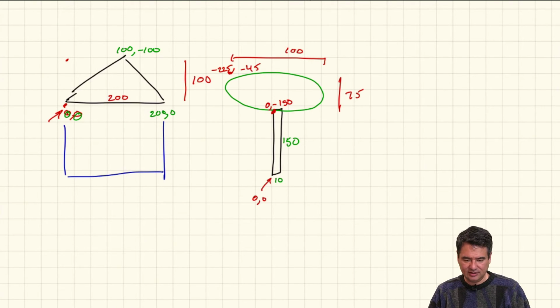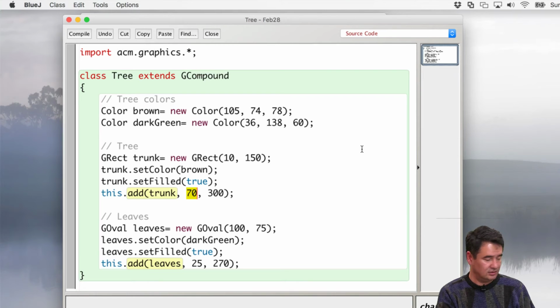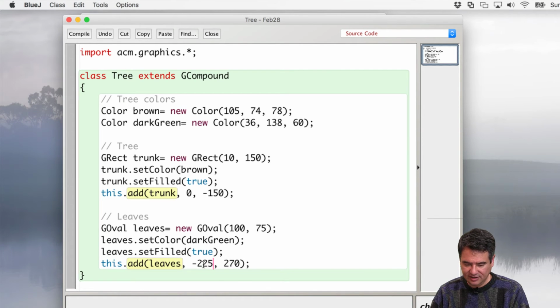I think that's correct. So let's, okay, hang on a sec here. All right, so we're going to add the trunk at 0 and negative 150, and then we're going to add the leaves at negative 225 and negative 45.